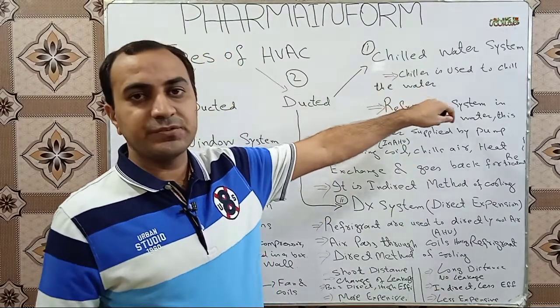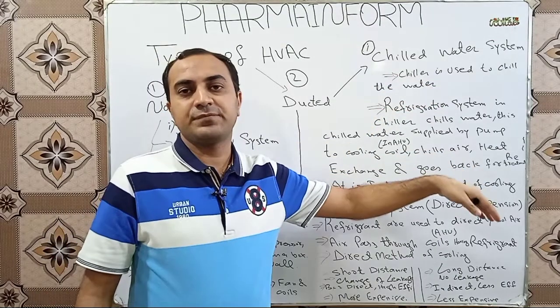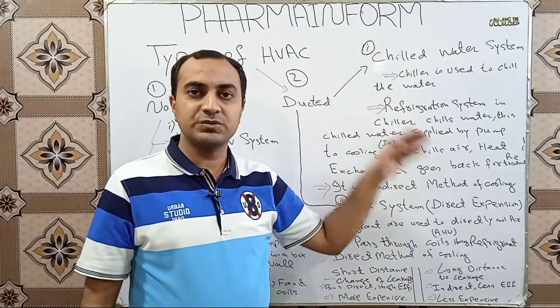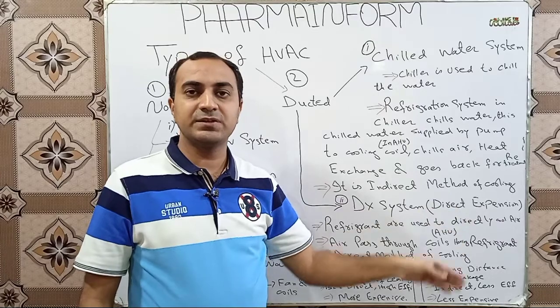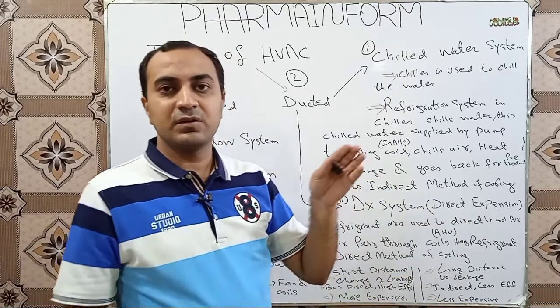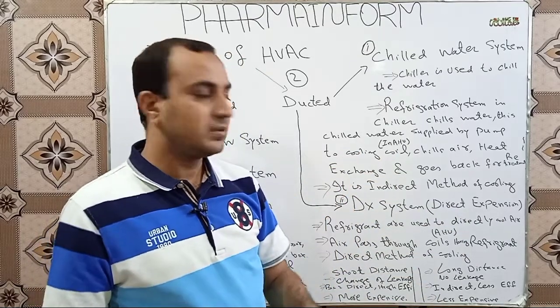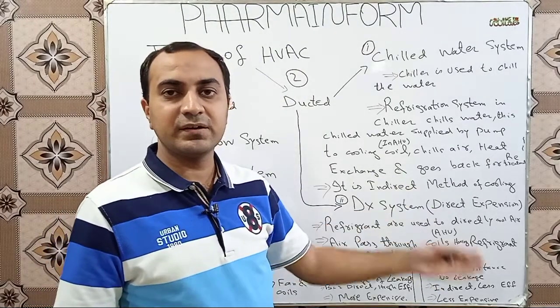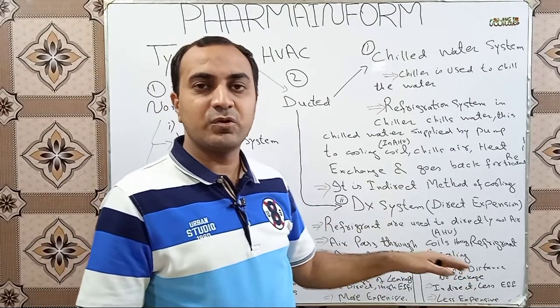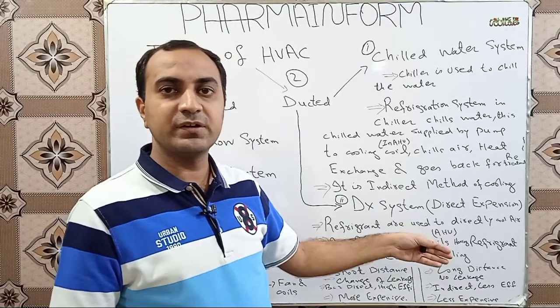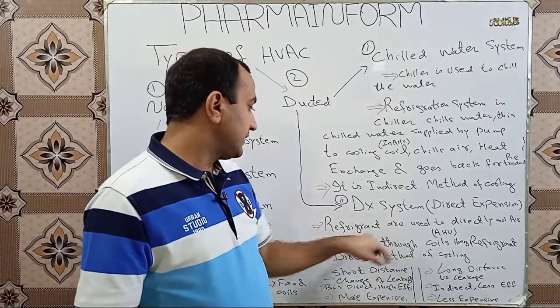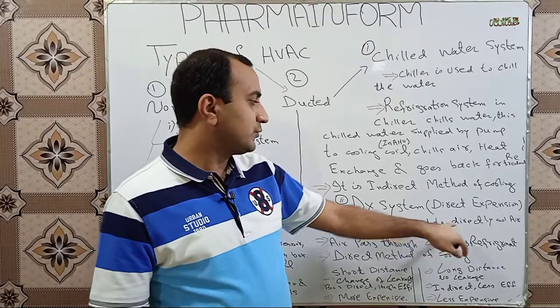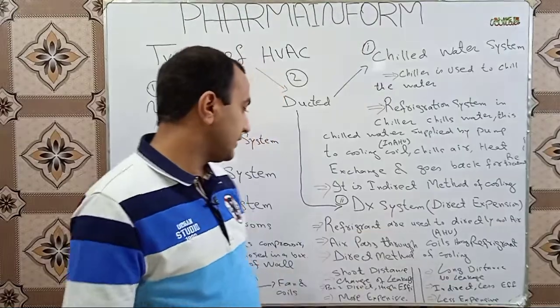In a chilled water system, first of all refrigerants chill the water, and then chilled water makes our air cool. But in a DX system, refrigerants directly chill the air or directly cool the air.